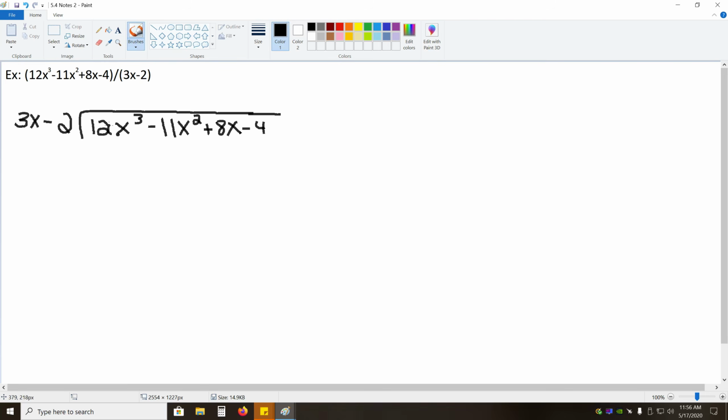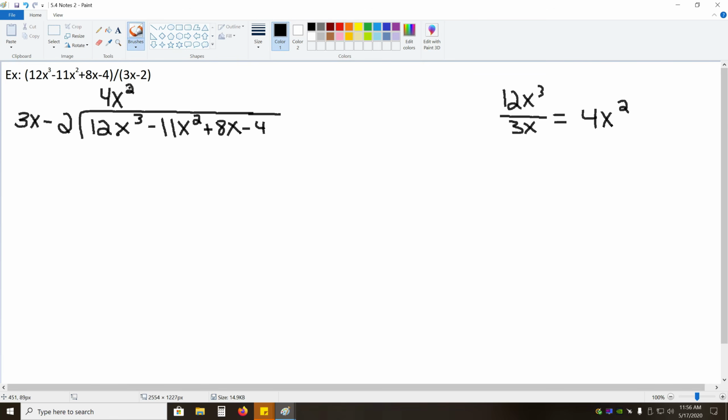Remember, we always divide the first terms first, so we have 12x cubed divided by 3x, which gives us 4x squared. And we always put that value up top. That's how many times 3x can go into 12x cubed.